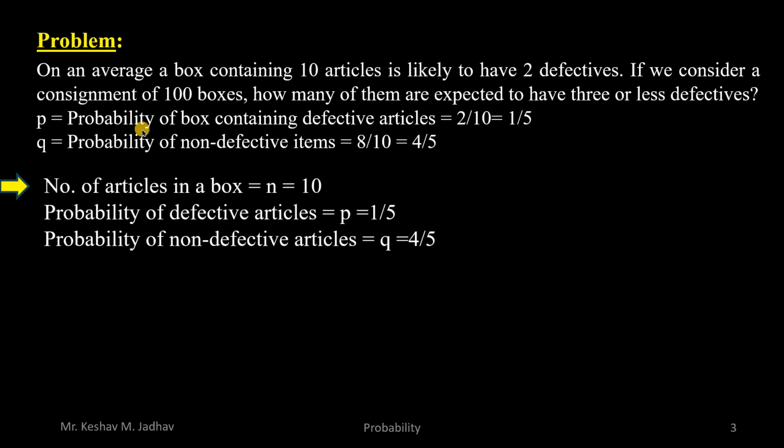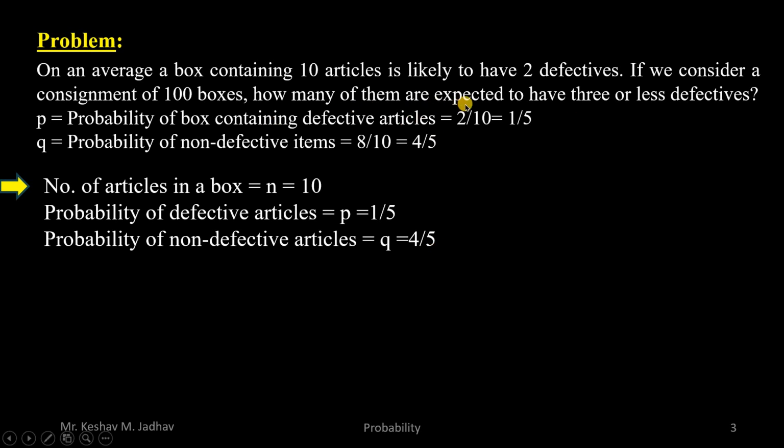Here it is given that the number of articles in a box, n, is equal to 10. The probability of defective articles, p, is equal to 1 by 5, and the probability of non-defective items, q, is equal to 4 by 5. If suppose the probability of non-defective articles is not given, then we can calculate it using the formula q is equal to 1 minus p.